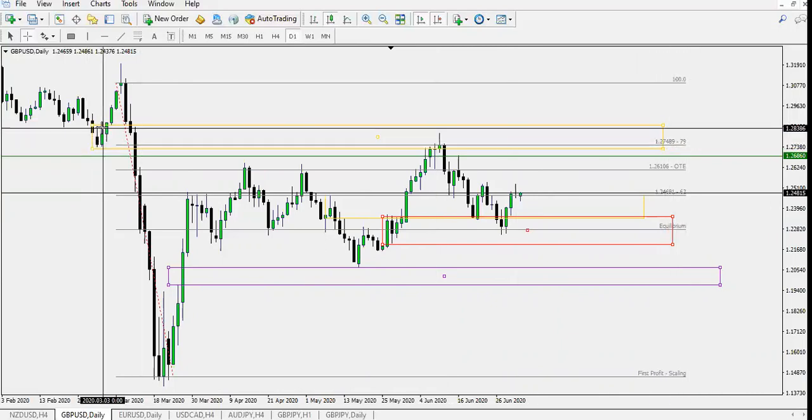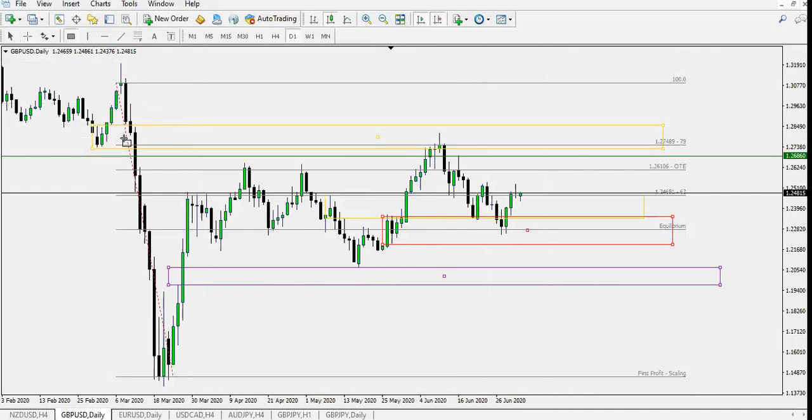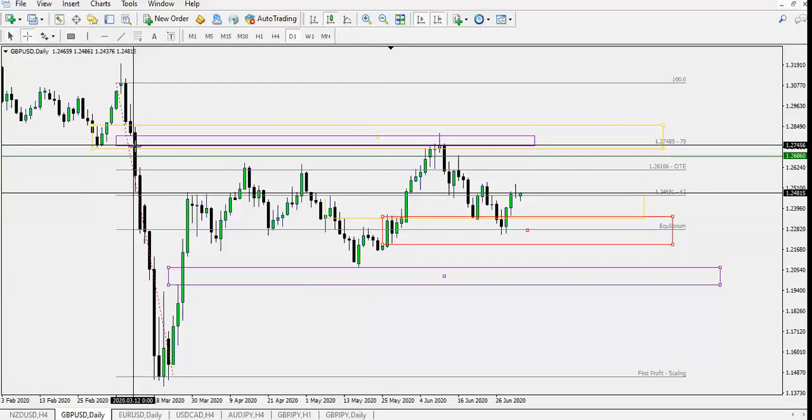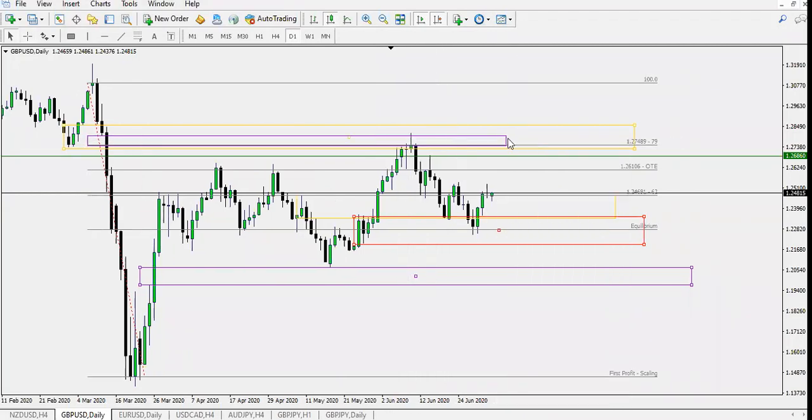And also our breaker is at this zone. And if we look here, price traded into perfectly our fair value or liquidity void sitting at this level over here. So that is why price came to that level. And also, this was the 79%, obviously, we can see here. So this was a premium array for price to fall from that zone.